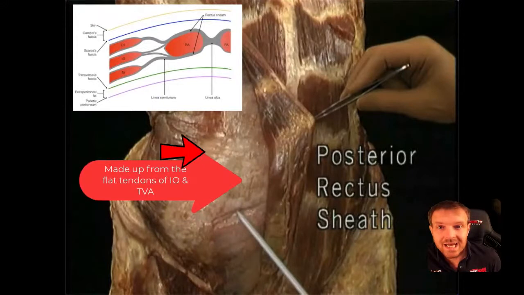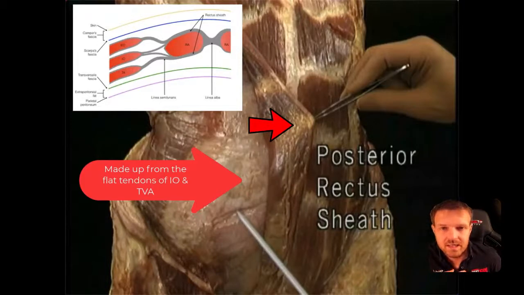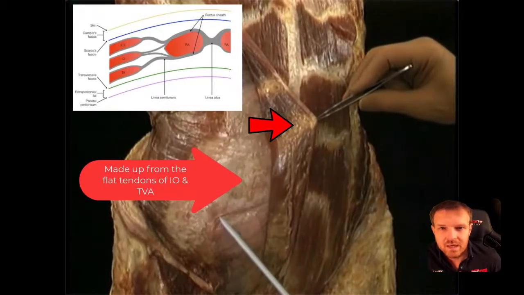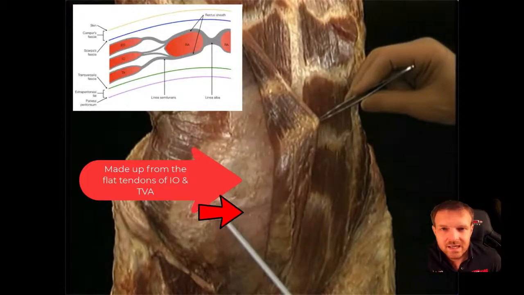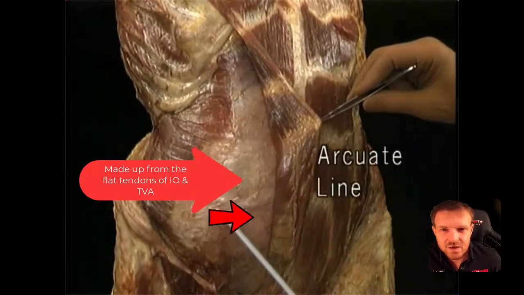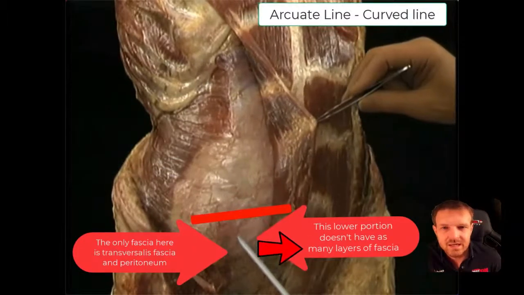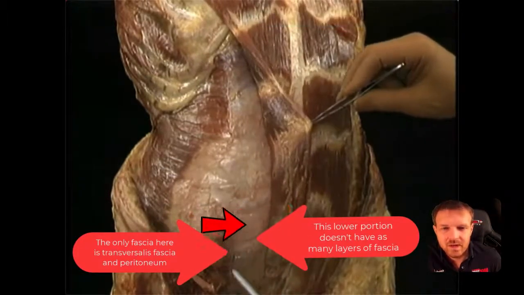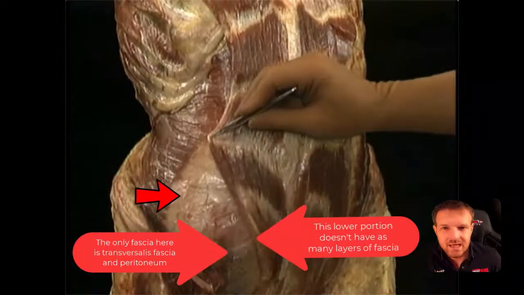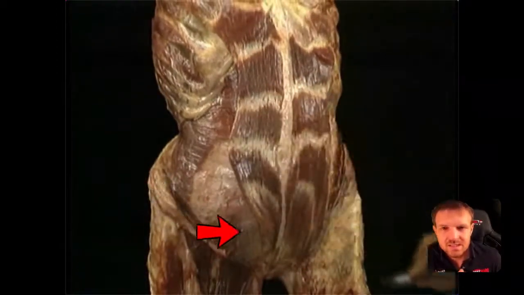Lower down, all of these go over the top of rectus abdominis. So they go over the top of this muscle here. So then you're left with a weaker portion here, and you can usually see it. There you go, so it's the arcuate line. So this lower portion doesn't have as many layers of fascia. It's just covered by that peritoneum layer and the transversalis.